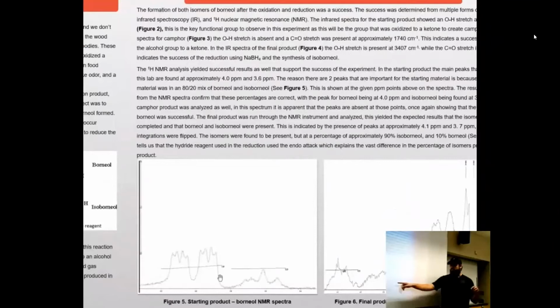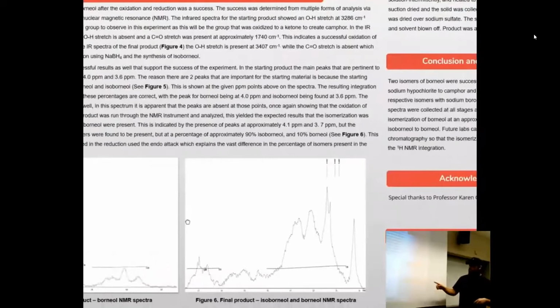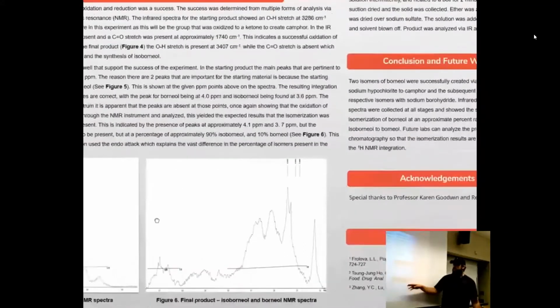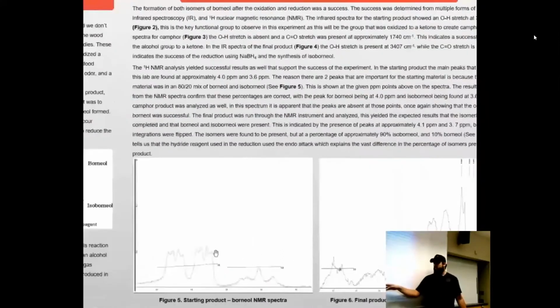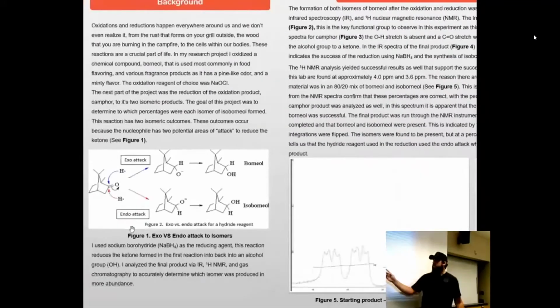In the final NMR for the final product, you can see the borneol is significantly reduced, and there's a larger presence of isoborneol. This was integrated to a 90-10, or 9-to-1, ratio for isoborneol, which would mean, going back to the mechanism, that the endo attack tended to be the more common one, and isoborneol will be the majority of your product at the end.